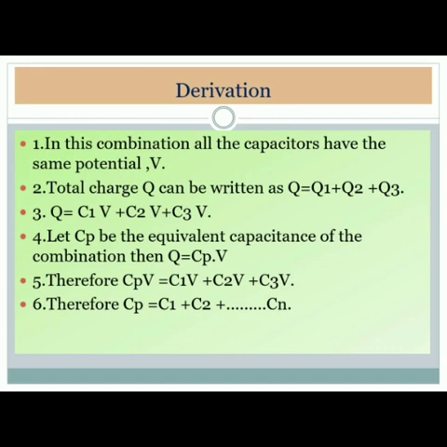If I divide this equation by V, my V gets cancelled in both numerator and denominator, and what I get is Cp is equal to C1 plus C2 plus Cn. Thus, the capacitance of capacitors in parallel is nothing but the summation of all the individual capacitances.